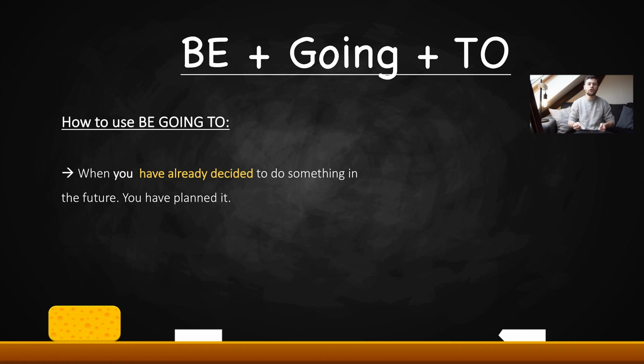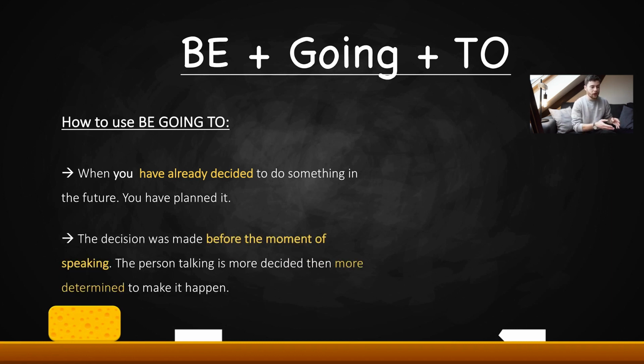Here you have planned it, you have decided to do it. So, in other words, the decision was made before the moment of speaking. Okay? The person talking is more decided, they're more determined to make it happen. We feel there's more this aspect of decision with be going to than with will, right?